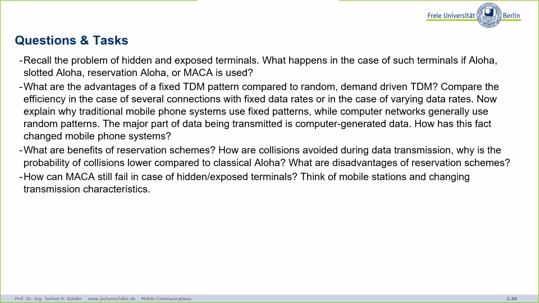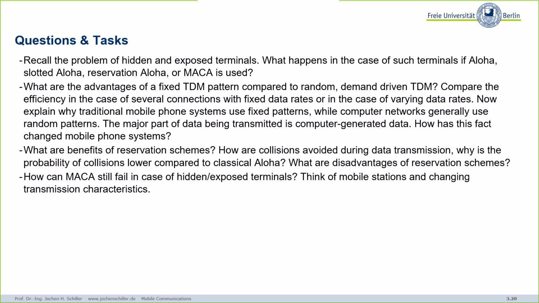This is not a fixed data rate. And what happened to our mobile phone network? This is why we explain GSM, GPRS, then UMTS, then LTE, what we have today, in the next chapter. And you see exactly this change of the traffic patterns reflected in the technologies. Okay.